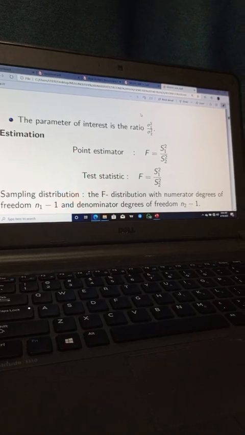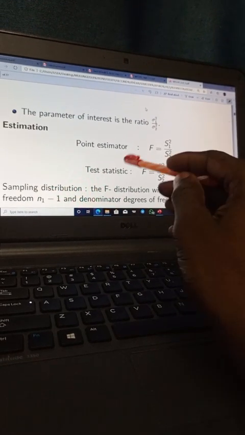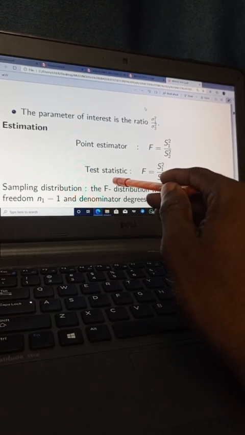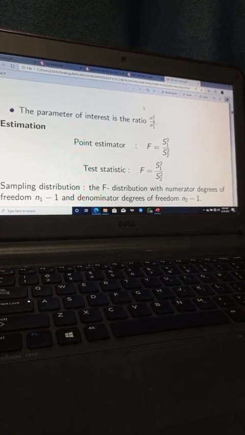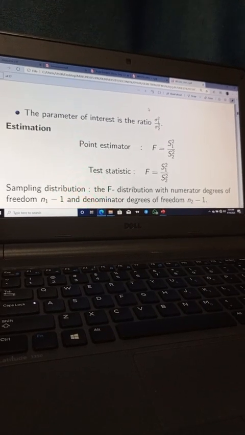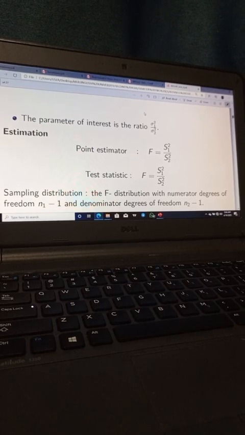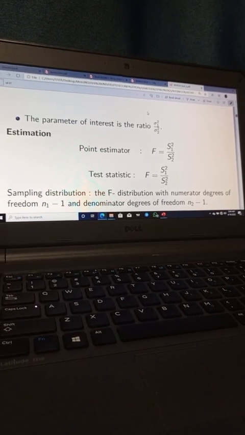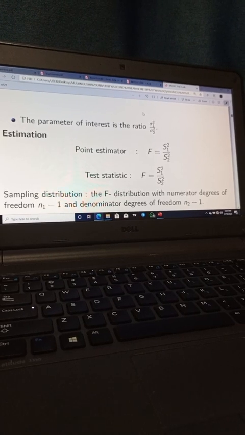So these are the point estimator and the test statistic, and this is the ratio that is always put into consideration when you are dealing with the parameter of interest in finding the ratio of the variances.